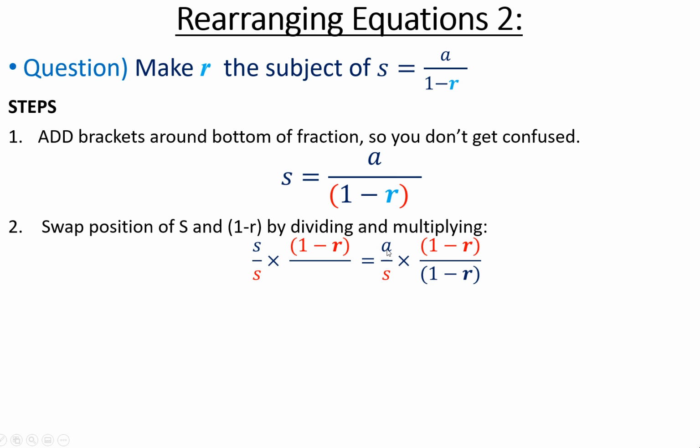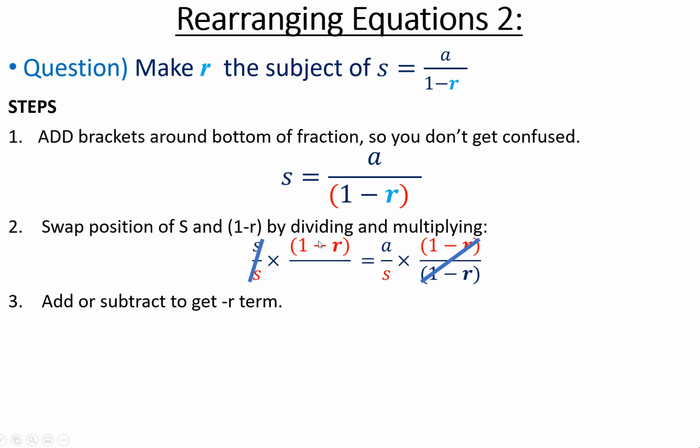A divided by S is A over S. And then we need to multiply by 1 minus R. So 1 over 1 minus R times 1 minus R is this term here. If you can see, anything over itself is equal to 1 or cancels out. So S over S cancels out. We're left with 1 minus R on the left by itself.